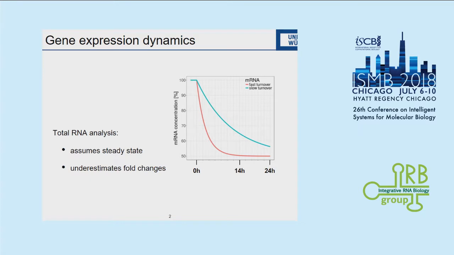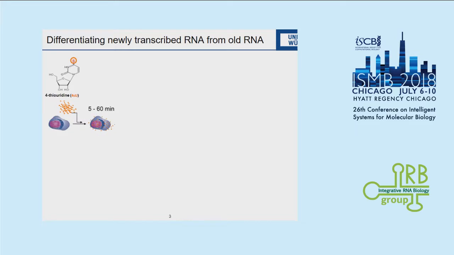And the reason for that is with the total RNA analysis, we always assume a steady state. And if we're not in it yet, we will always underestimate the actual fold change. However, there's already a solution to that. We can use 4-thiouridine, which is a nucleoside analog for uridine.